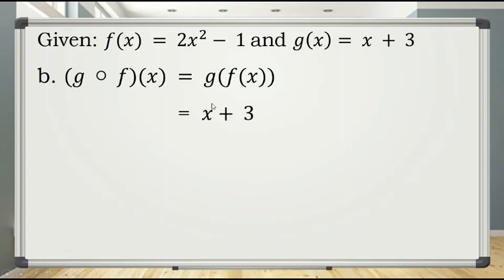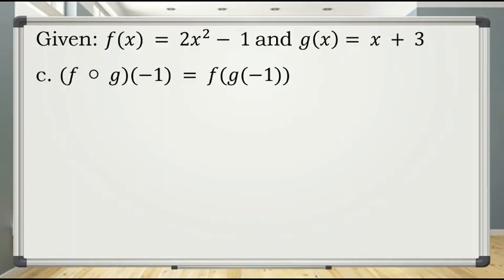So, papalitan natin tong x na ito ng ating input function na f of x, which is 2x squared minus 1, and then bring down positive 3. So, ang isi-simplify lang natin dito ay negative 1 and positive 3. Bring down 2x squared, so negative 1 plus 3 is positive 2. So g composed of f of x is equal to 2x squared plus 2.